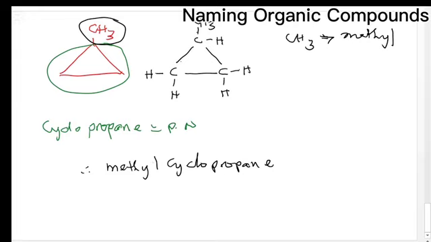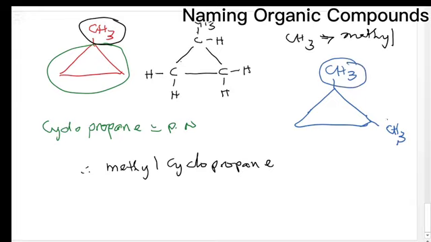However, if you have the same compound with two substituents of the same type, for example, you have a CH3 here and another CH3 here. There are two substituents, one here and the other here.